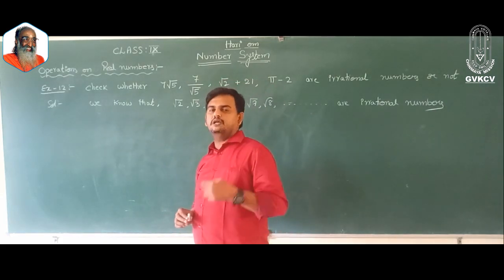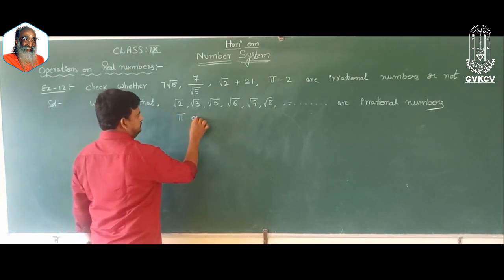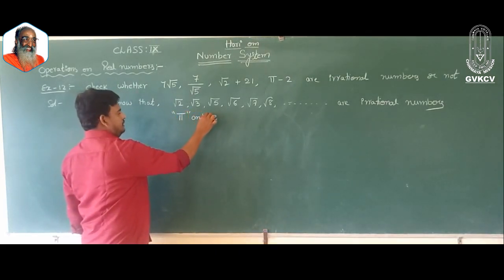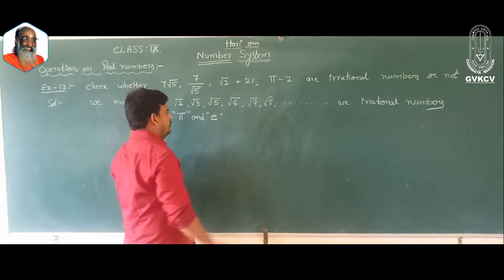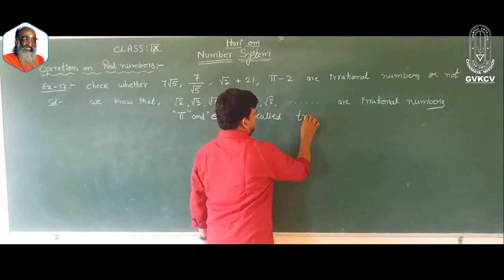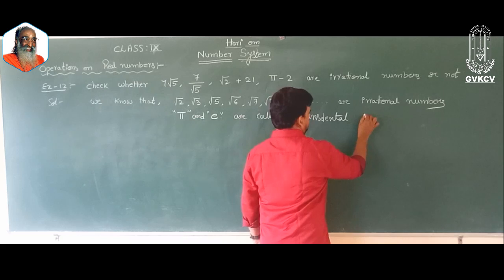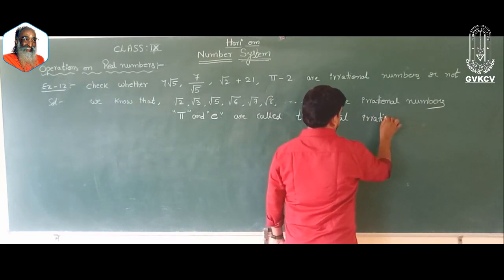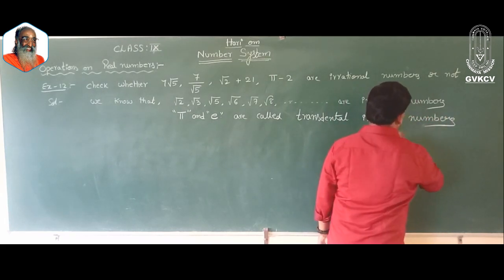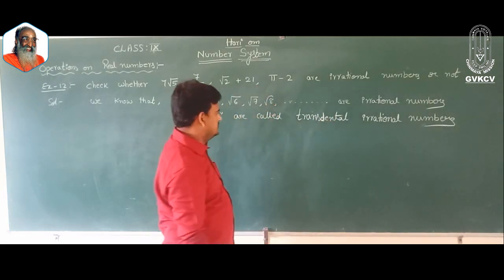And we have two special irrational numbers. What are they? Pi and e. These are called transcendental irrational numbers.